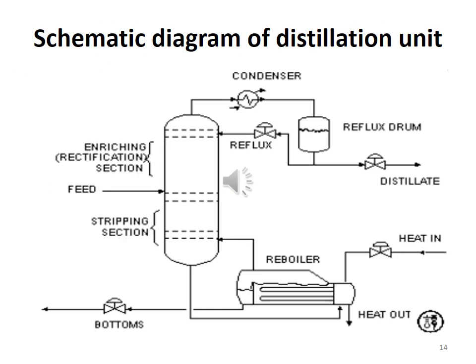The vertical shell houses the column internals, and together with the condenser and reboiler constitute a distillation column. You can see here in the slide a schematic diagram of a distillation column, and you can see here a long section which is a distillation column, and each has 2 parts, the rectification section and the stripping section.